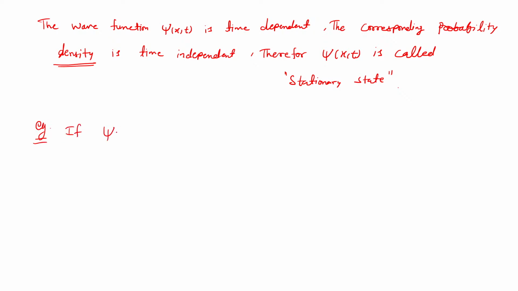If I take the wave function psi x t as the linear combination of two different functions, c1 psi 1 x t plus c2 psi 2 x t, what will happen if we develop time here?